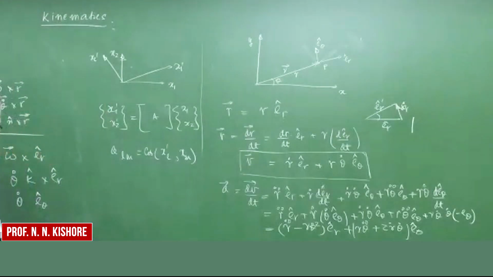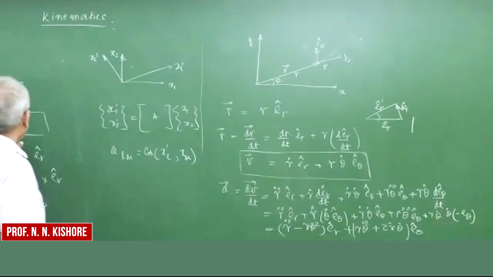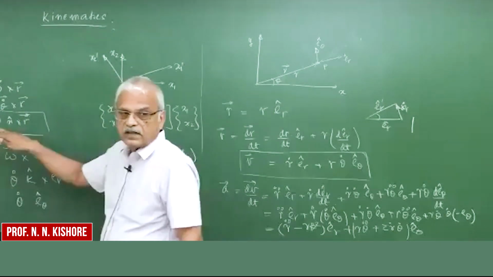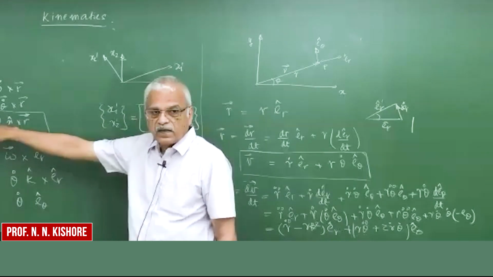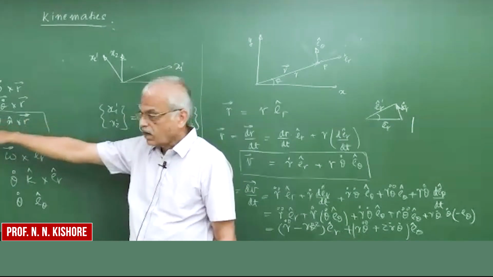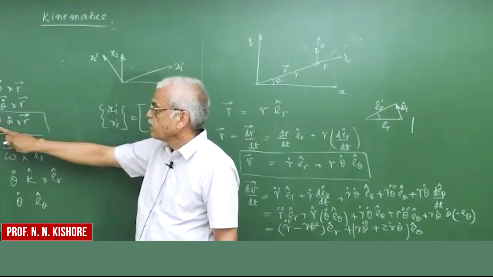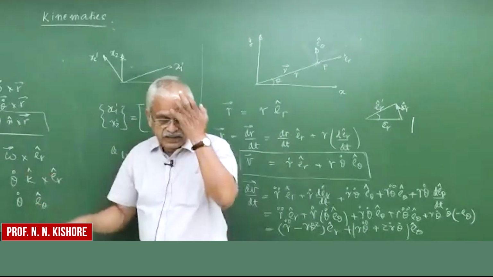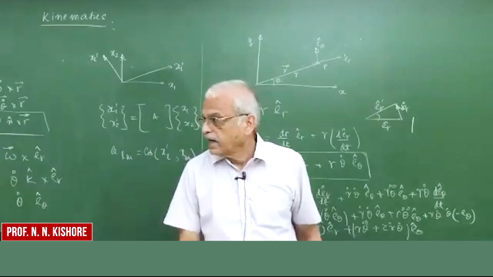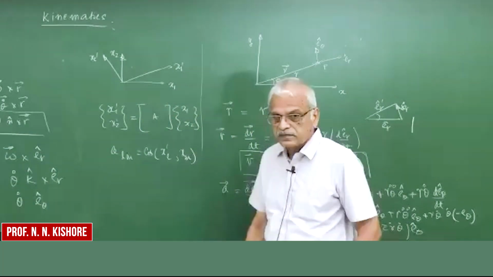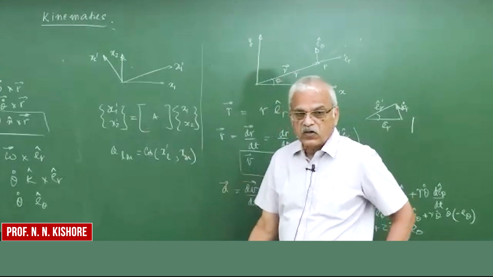So the most important thing which we have made use of here is this one. Whenever there is a rotation involved, then the change in that r, d by dt of that, is nothing but theta dot n, the angular velocity, and this is the direction, and then the r. So you have to take the appropriate cross product.